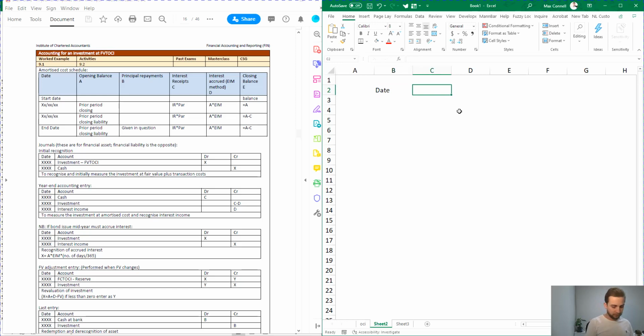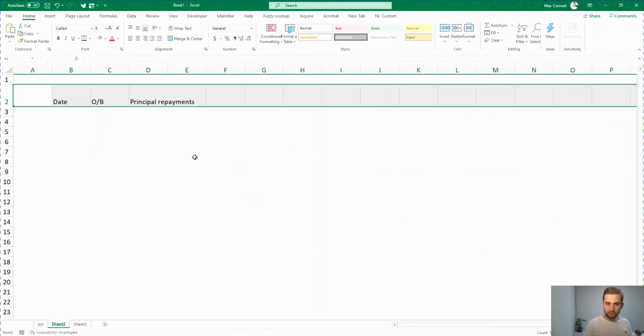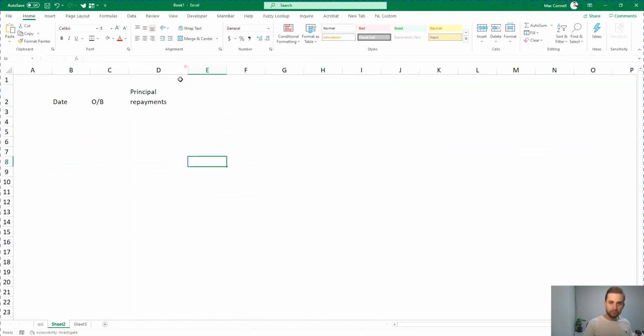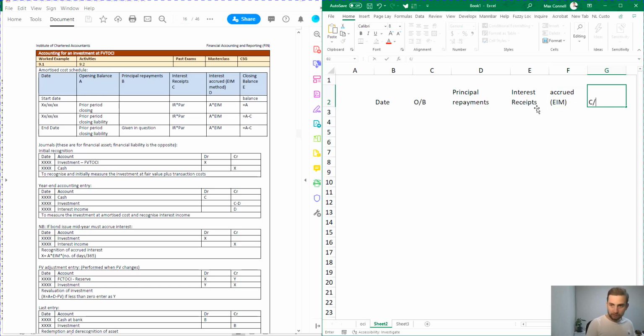So let's start off with the headings. So we've got opening balance, principal repayments, interest receipts, interest accrued, again, and then closing balance.